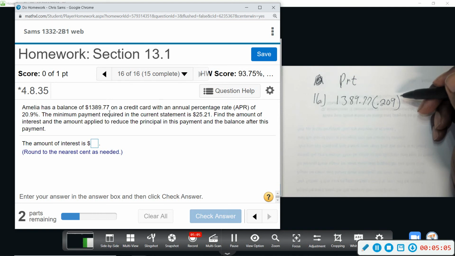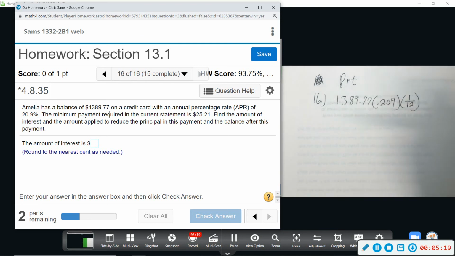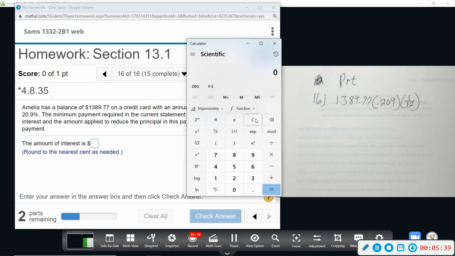Minimum payment required in the current statement is this. And usually it's monthly. So anyway, I'm going to look at this, and if it's not monthly, then we won't have to do it. But 1 divided by 12. So this is going to tell me how much interest is gained in just 1 month, because normally these are monthly payments. Okay, so I'm just assuming monthly. We'll see. Didn't see it, but that's normally how it works.